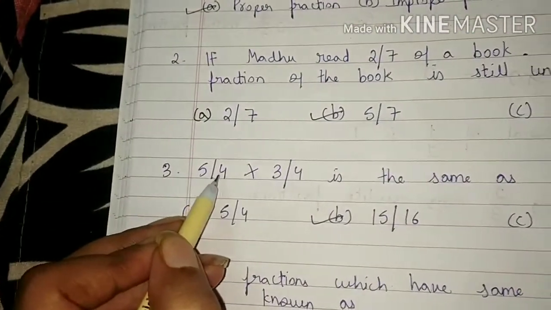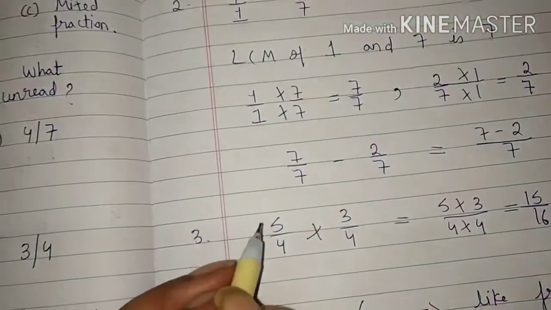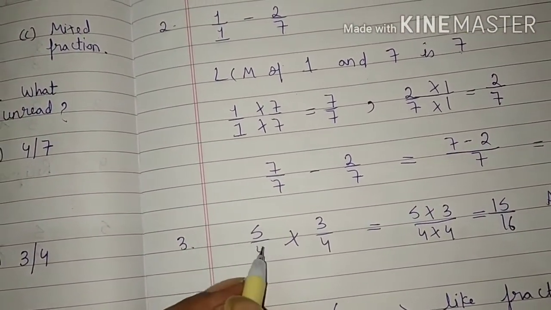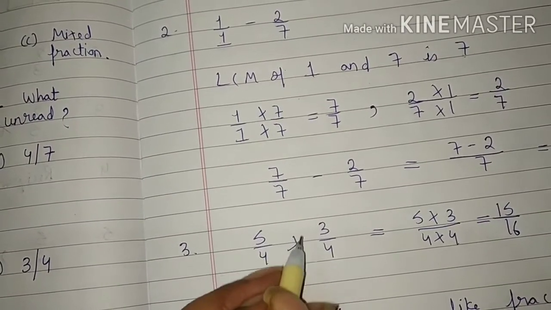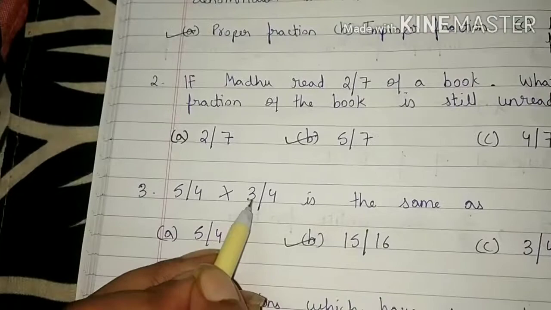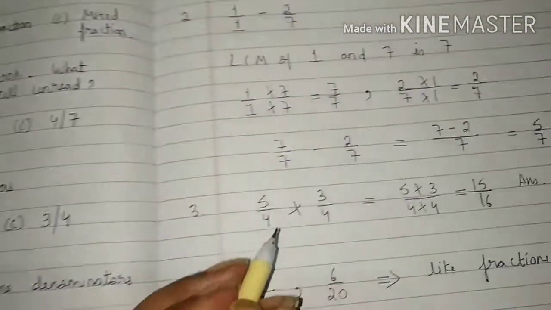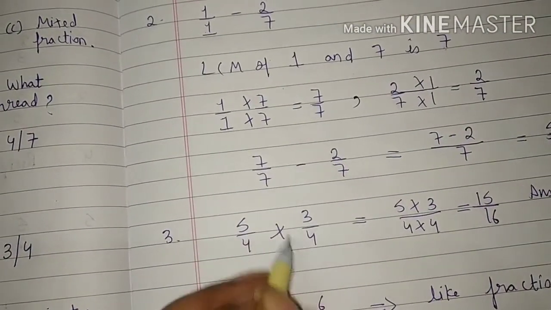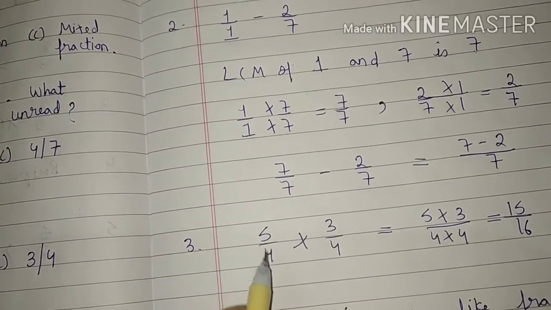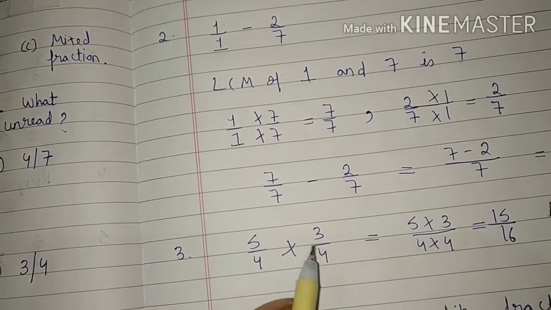Students, come to here. 5/4 can be written like this also. Then we will multiply 3/4. Students, 3/4 can be written like this also. Now students, we have to multiply 5/4 into 3/4.